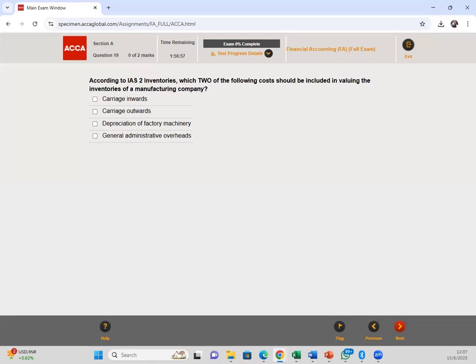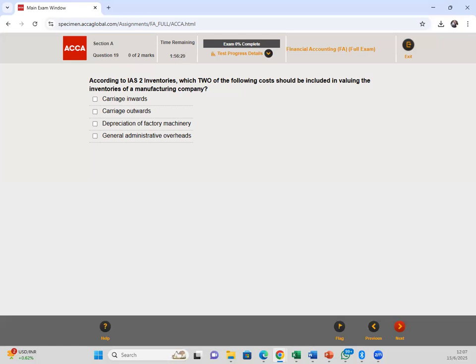Okay, so for the sake of progress, if we are valuing inventory in a manufacturing setup, you're going to value inventory at total cost of production. So we are looking at costs that are associated with manufacturing, because it's either we buy inventory or we produce inventory.